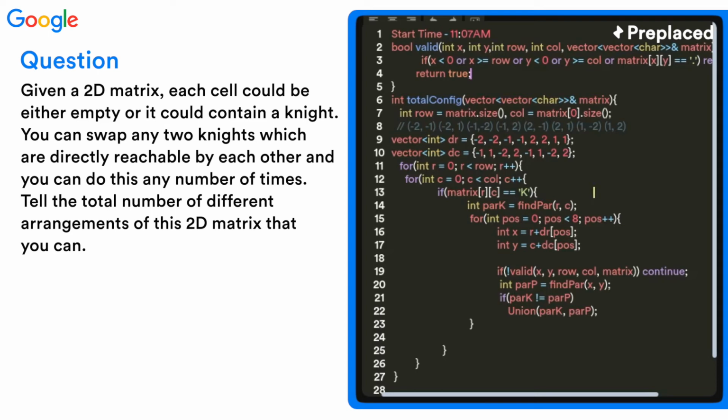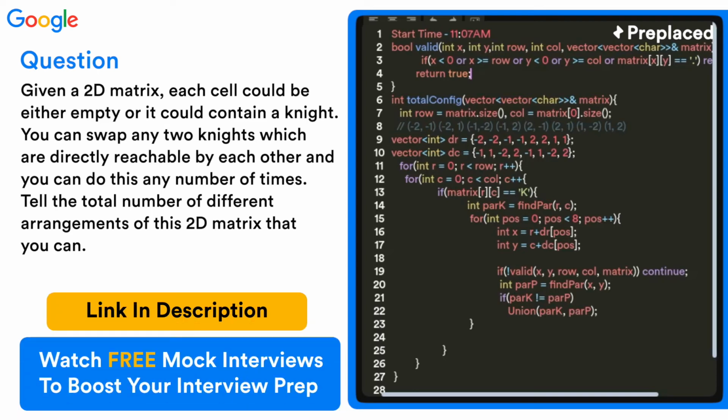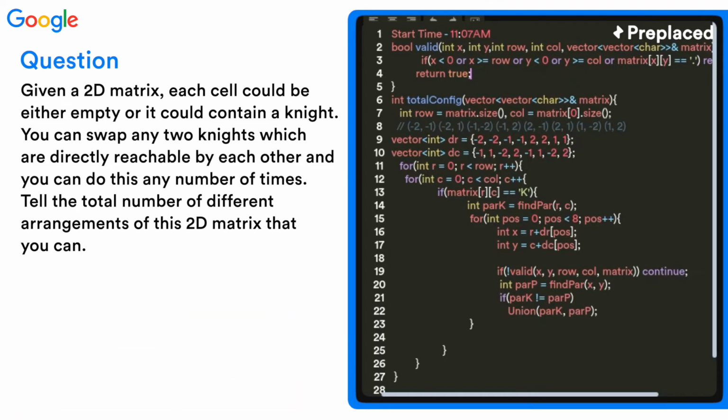Generally, if it was a 1D array, we could have just calculated with x alone, but then it's x and y this time. Maybe every x and y can also have a unique value. Correct. So let's say I have a number of columns, over here maybe 4, so I can just do x into columns plus y.